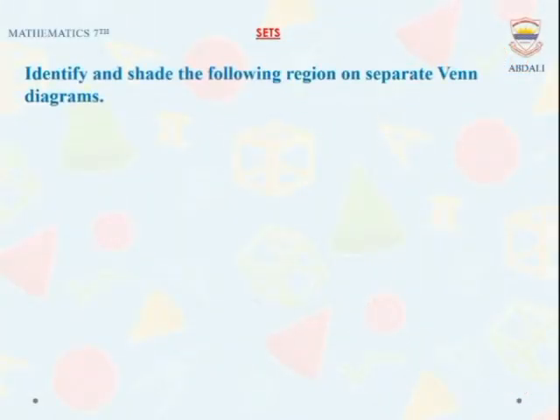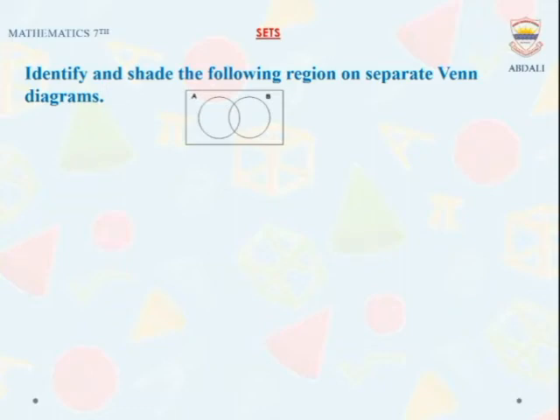The question is, identify and shade the following regions on separate Venn diagrams. Here is your Venn diagram in which there are two sets A and B, and they have some common part between them.